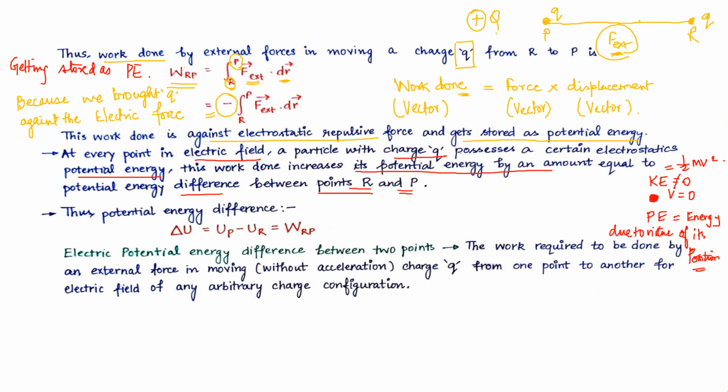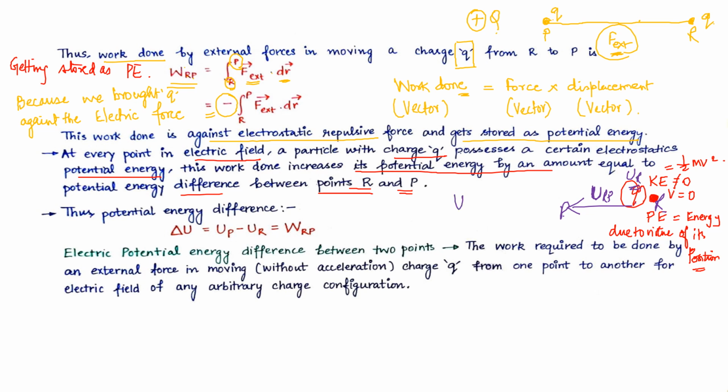So this small q charge is containing some potential energy, but when it is moved from point R to point P, it again gets some potential energy in moving from R to P, and some potential energy at rest.